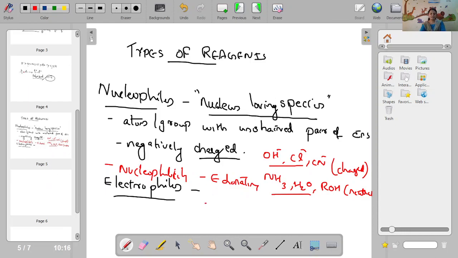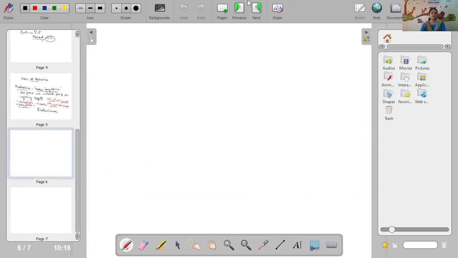Then electrophile. The electrophile definition will be simply electron loving species. Electron loving means definitely they are either positively charged or electron deficient. Electrophile means either they are positively charged or they are electron deficient.